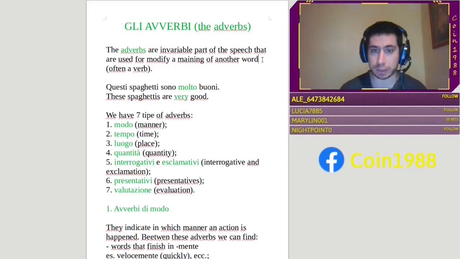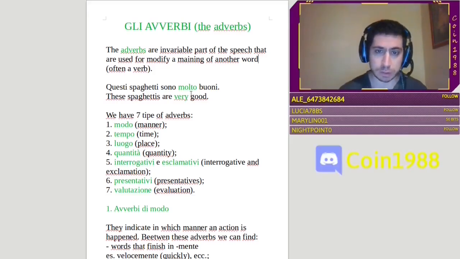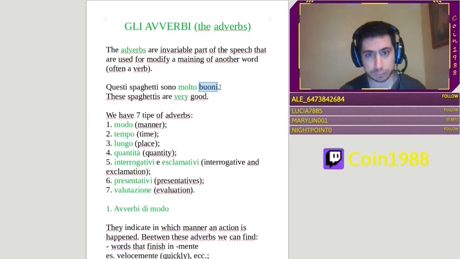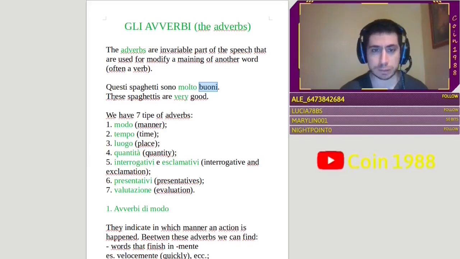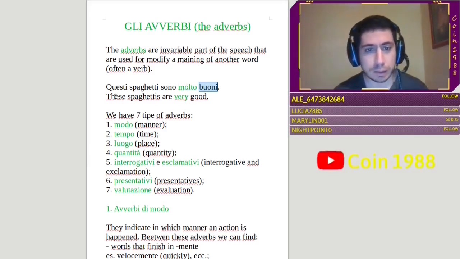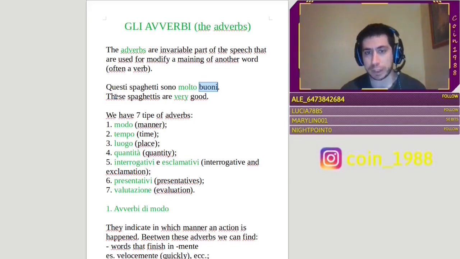Molto is an adverb because this word modifies buoni. Buoni in this case is an adjective. Molto means very. The translation is: these spaghetti are very good.